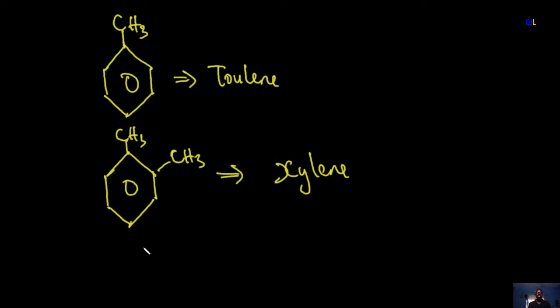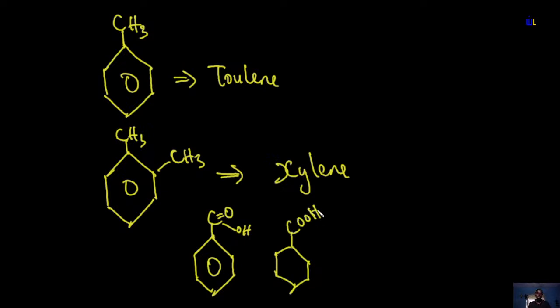Now, the next name I'm going to talk about is when a benzene group is attached to a carboxylic group. A carboxylic group is C double bond OH, or COOH. You could have it like this, and then you have COOH.